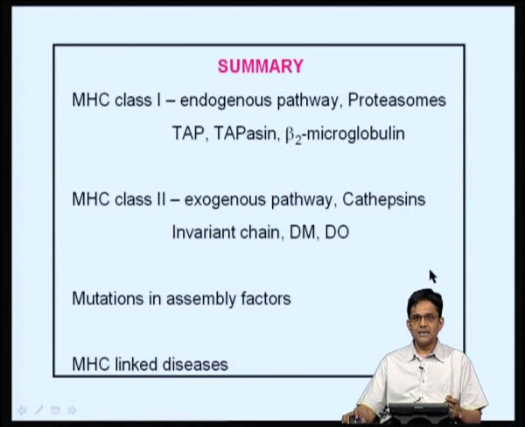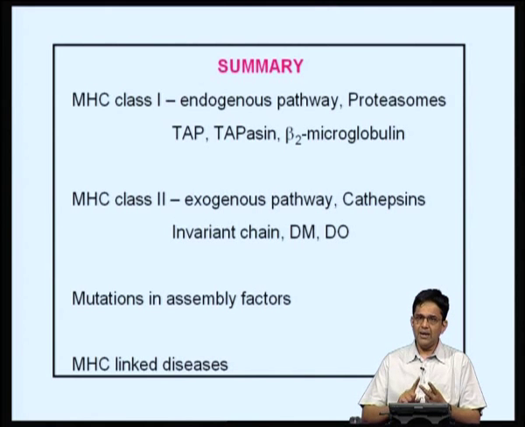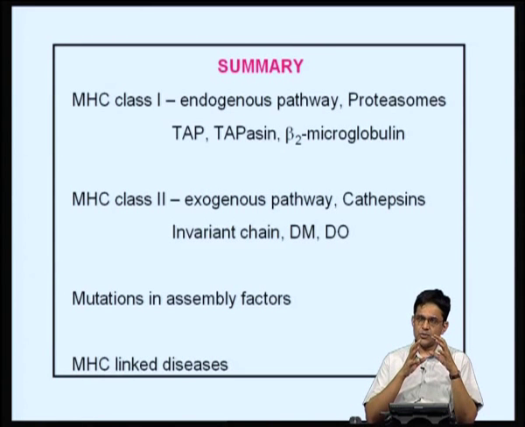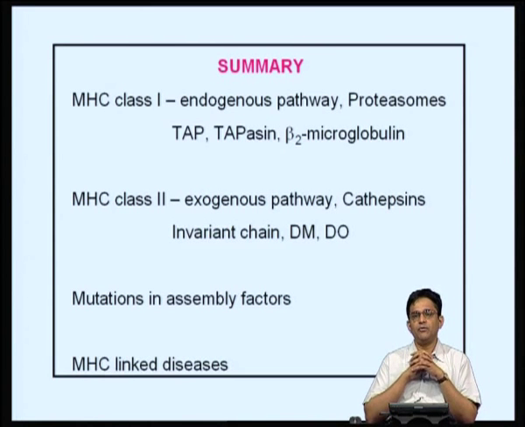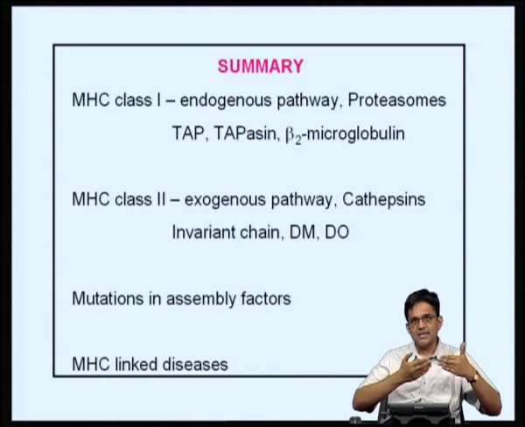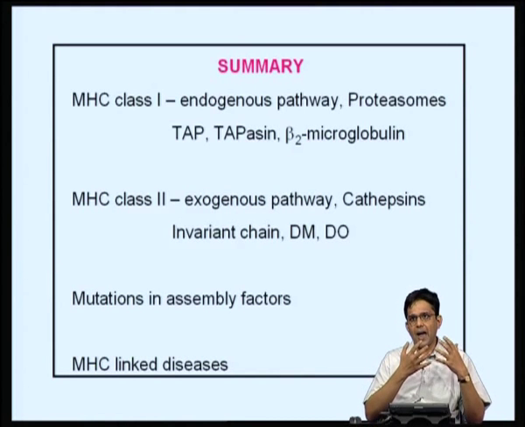We will try and summarize what we have learnt in these classes. In MHC class 1 and class 2, the main important point is that the MHC class 1 pathway is the endogenous pathway, which means proteins that are synthesized in the cytosol, and peptides are generated from these through proteasomes.